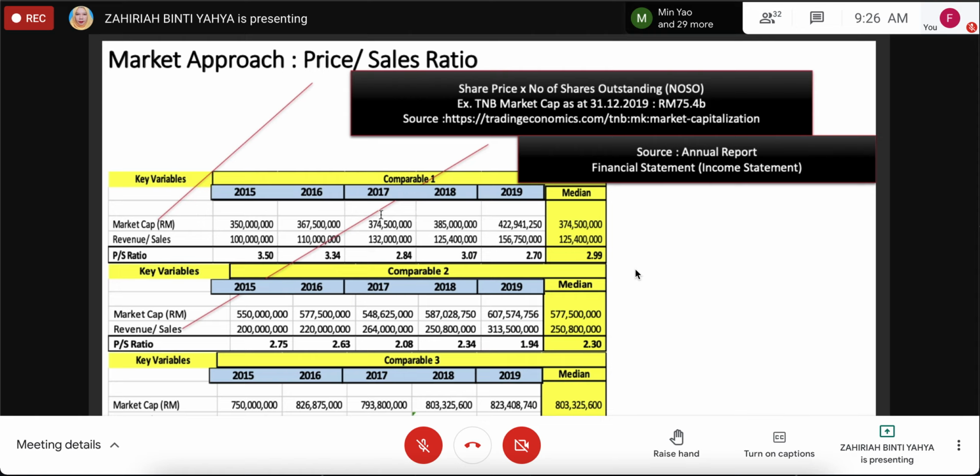You just take the middle. What figure is in the middle? The figure in the middle is 374. So this is the median. Okay. Same goes to the revenue sales. You also have to find the median.